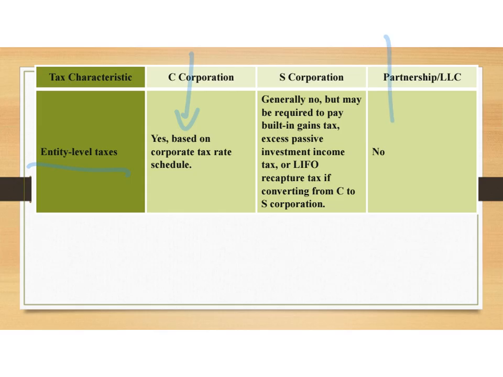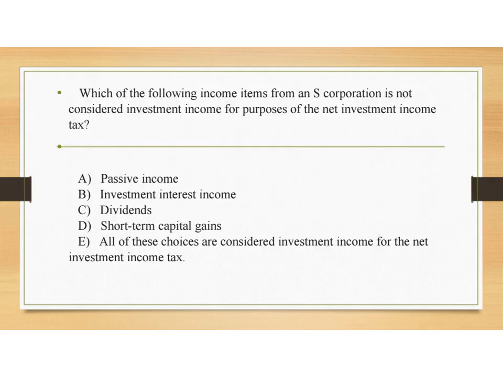Partnerships and LLCs do not have an entity level tax, but S corporations are this interesting entity because typically they don't have an entity level tax, but if they had been a C corporation, then they could have a built-in gains tax, they could have an excessive passive income tax, or a LIFO recapture tax if they had been a C corporation before they were an S corporation.